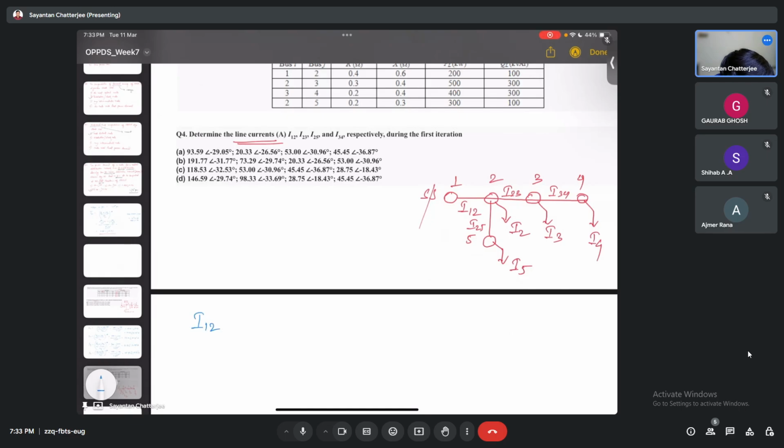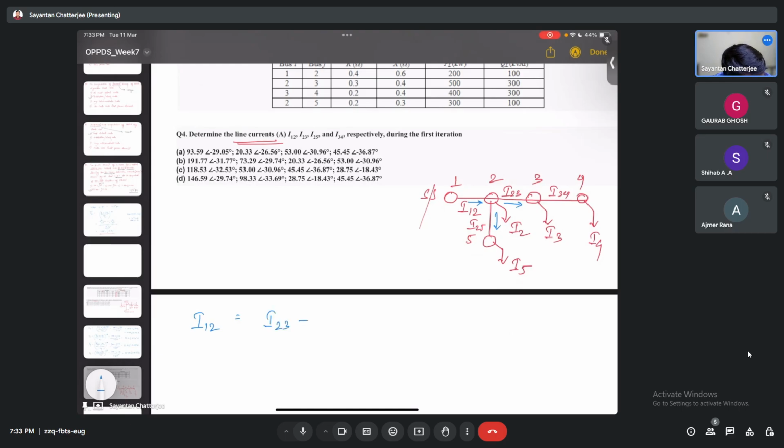I12 will be the summation of which currents?